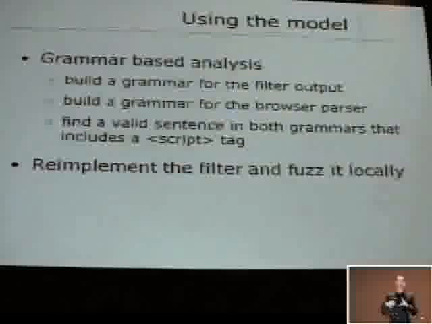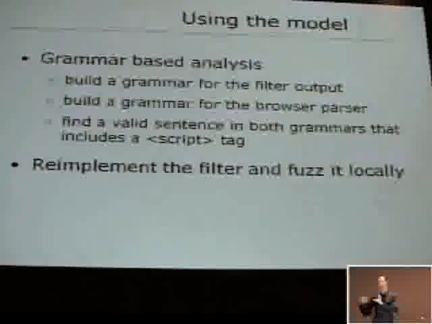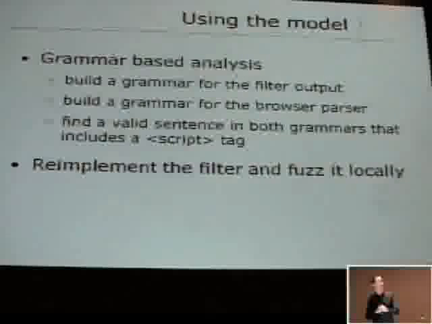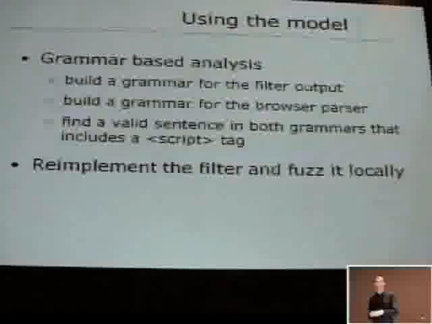You could build a formal grammar for the output that this filter produces, all the possible variations. Once you have that grammar, you can do the same for the browser, and build a grammar of all valid ways, of all HTML that can do scripting that the browser accepts.